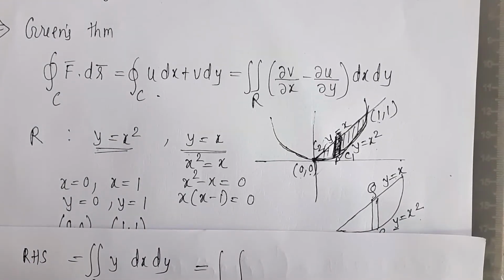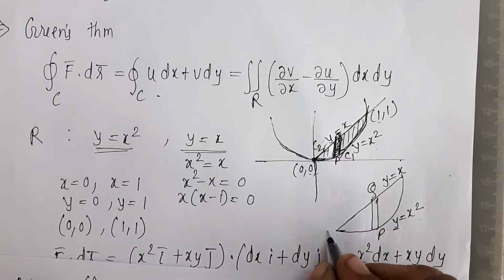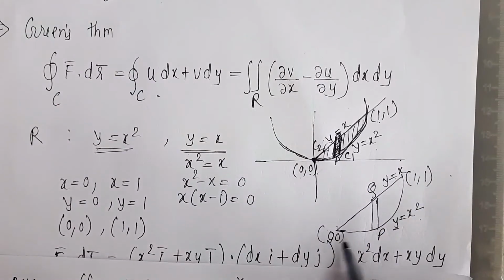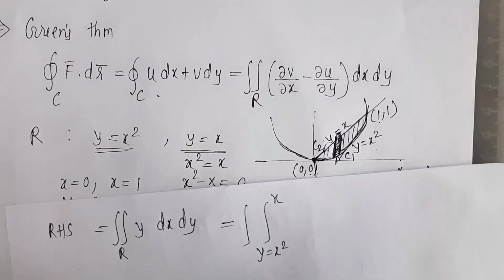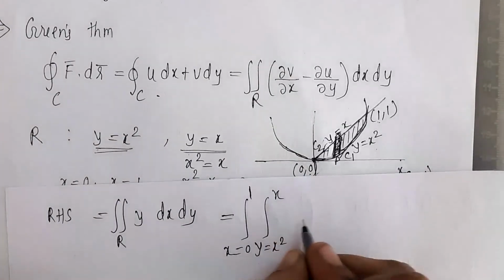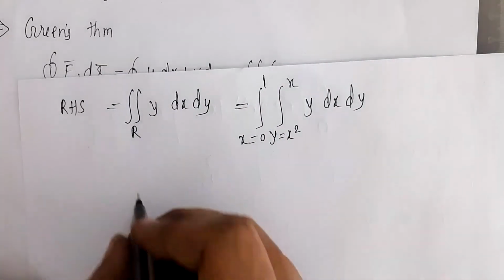So y starts from y is equal to x square to x. Now what are the limits for x? x is equal to 0. The points are 0, 0 and 1, 1. So the region starts from 0 and ends at 1. So x is equal to 0 to x is equal to 1, y dx dy. Now evaluate it separately.